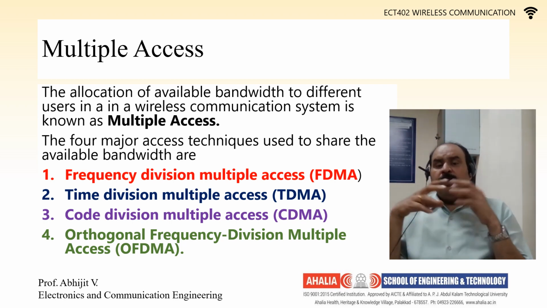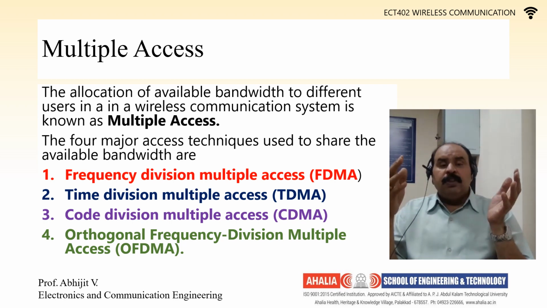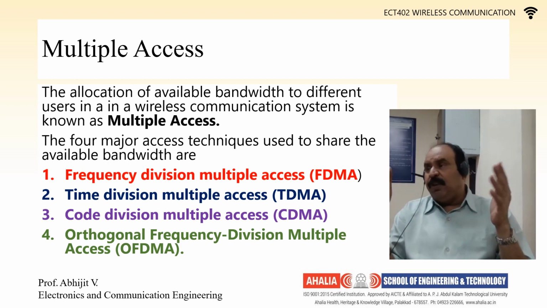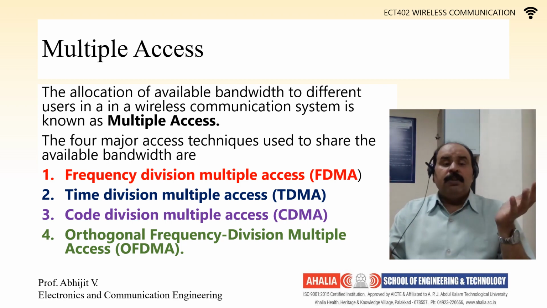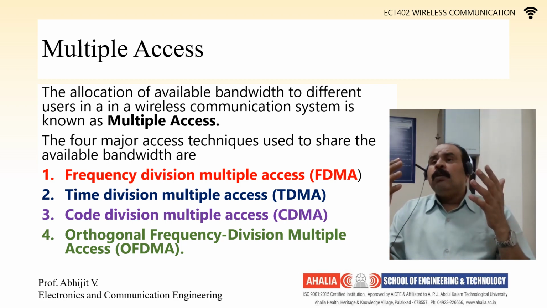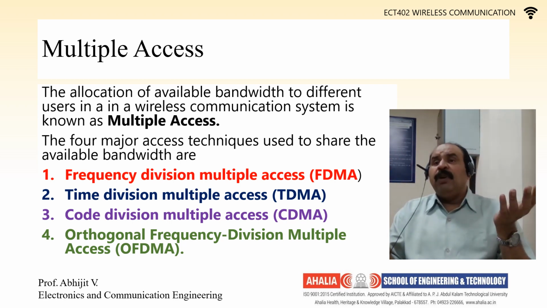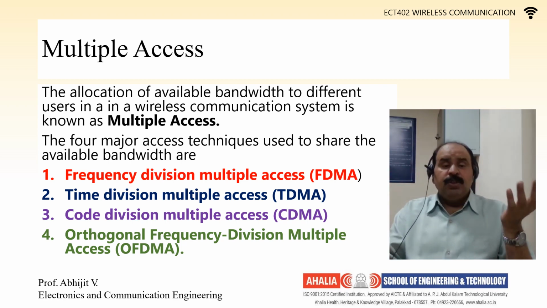The allocation of available bandwidth to different users in wireless communication is known as multiple access. What do you mean by multiple access, and what are the different technologies used in allocating the resources among different users?